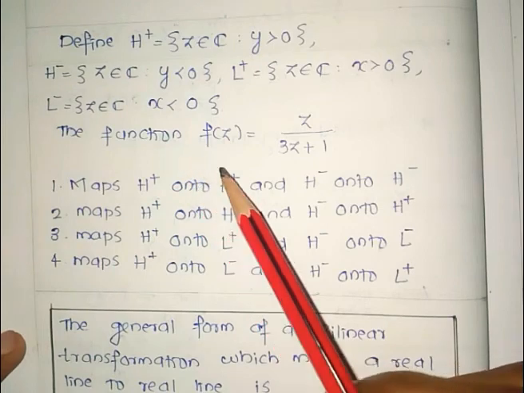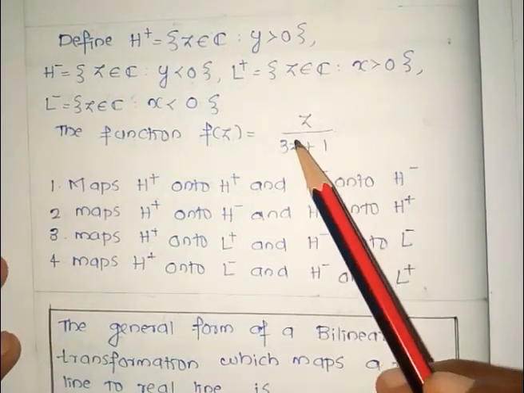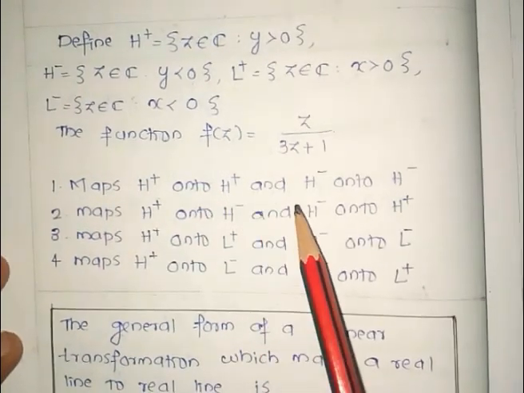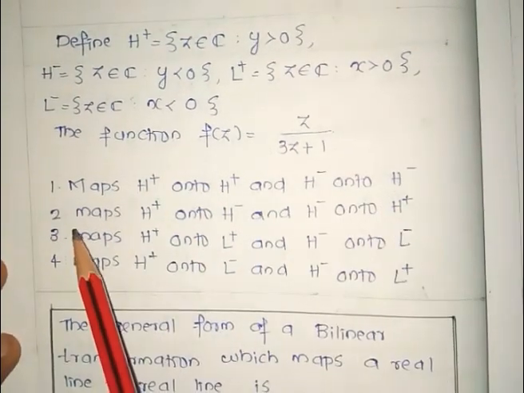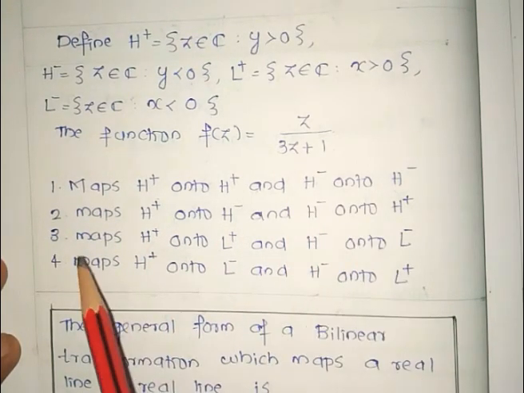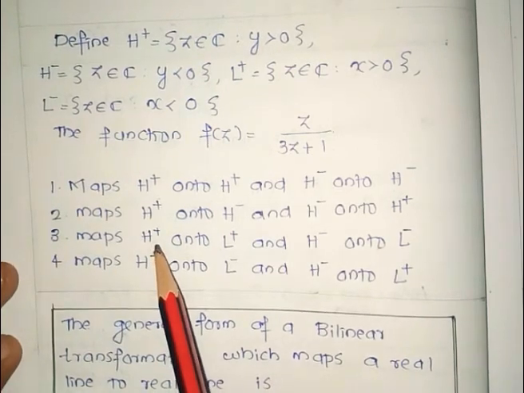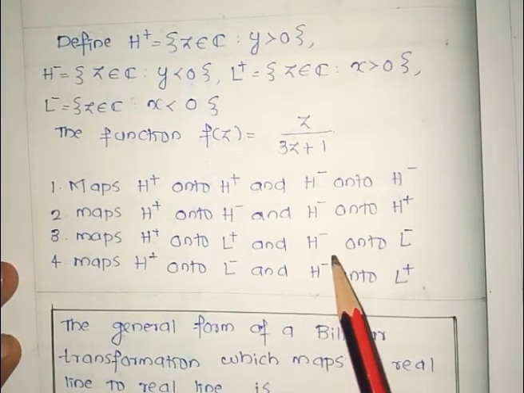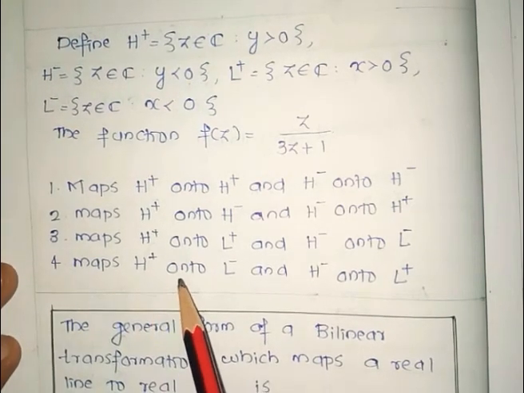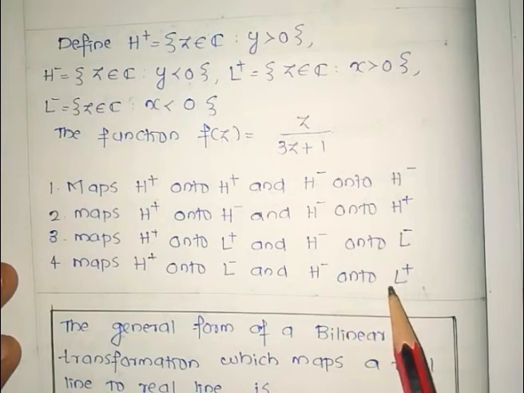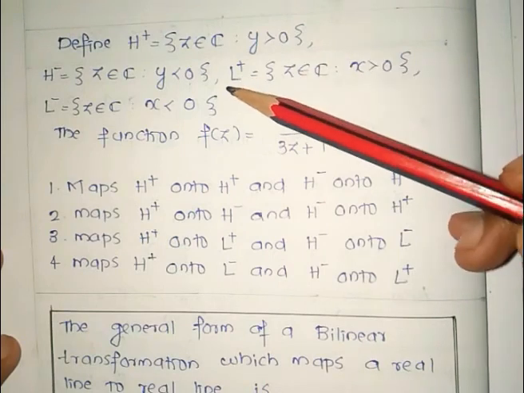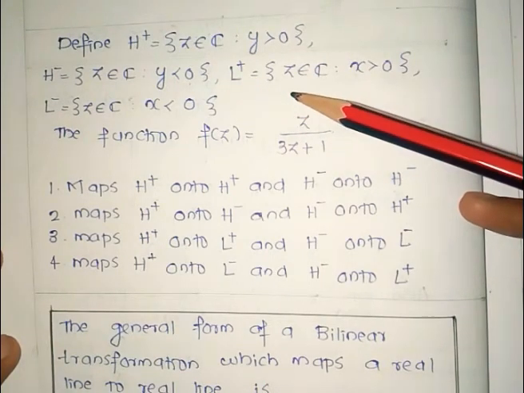Then the function f(z) = z/(3z + 1): option number 1 maps H plus onto H plus and H minus onto H minus, option number 2 maps H plus onto H plus and H minus onto H plus, option 3 maps H plus onto L plus and H minus onto L minus, and the fourth option maps H plus onto L minus and H minus onto L plus. So we are given H plus and H minus, that is the upper half plane and lower half plane, and L plus and L minus, the right half plane and left half plane.